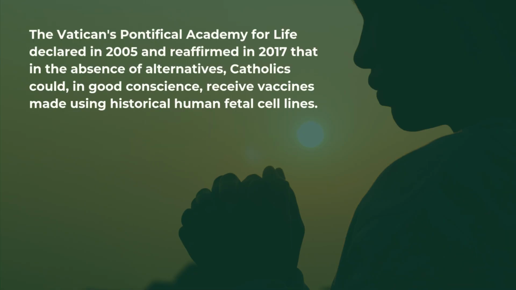The Vatican's Pontifical Academy for Life declared in 2005 and reaffirmed in 2017 that in the absence of alternatives, Catholics could, in good conscience, receive vaccines made using historical human fetal cell lines.